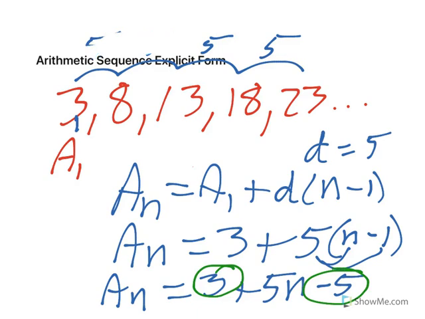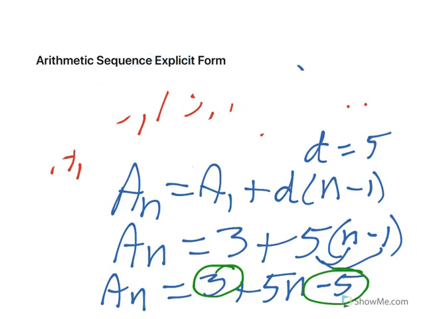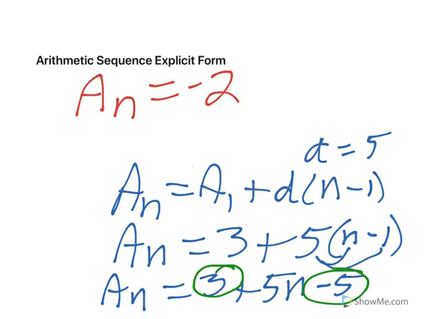Now, because we have two like terms here, the 3 and the negative 5, let me do some erasing up here to make some room. We can say that the explicit formula, once we combine those terms, 3 minus 5 is negative 2, so a sub n is equal to negative 2 plus 5n.